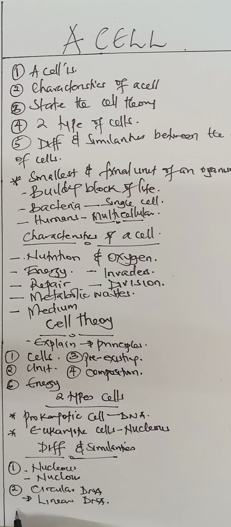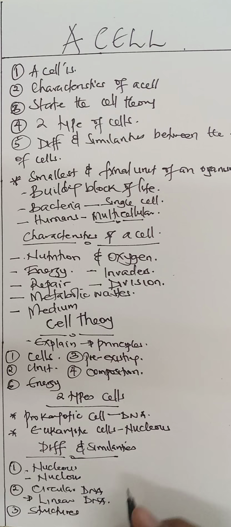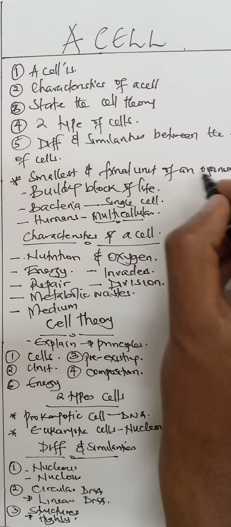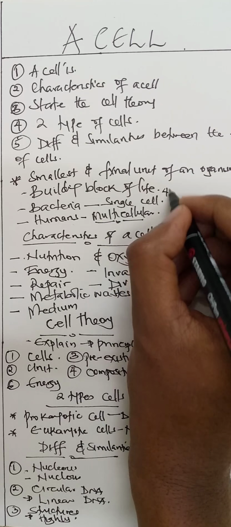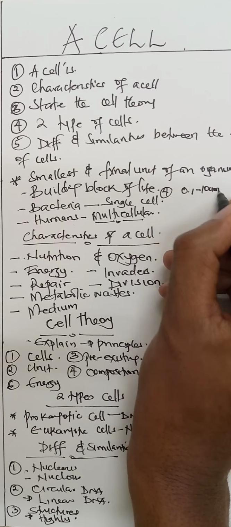Then prokaryotes, number 3, their cytoplasm contains few structures, but their counterparts, the eukaryotes, the cytoplasm is highly structured. Then the other aspect is that prokaryotes are usually smaller in size. When you look at their size, they're about 0.1 to 10 micrometers.